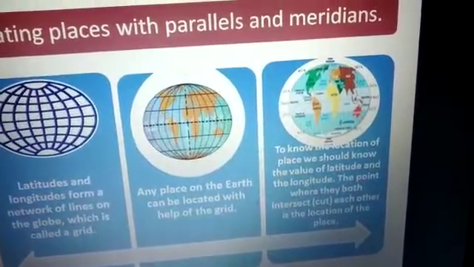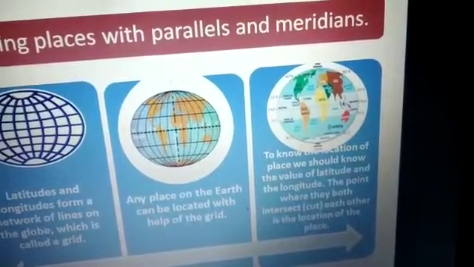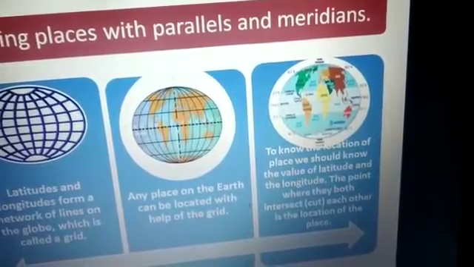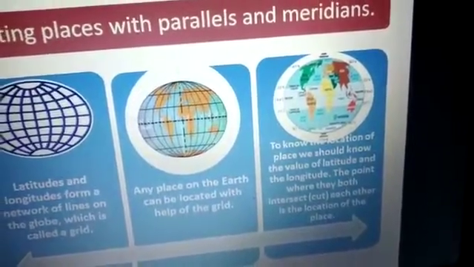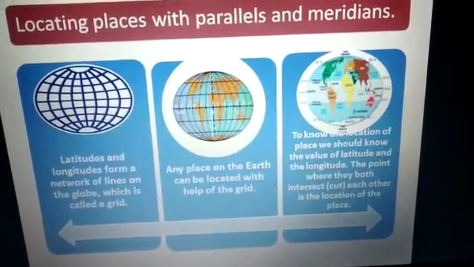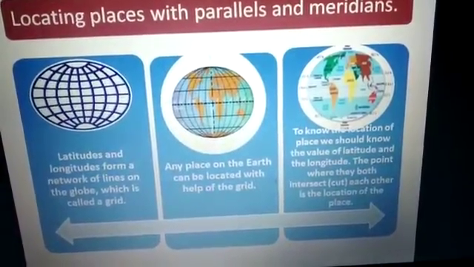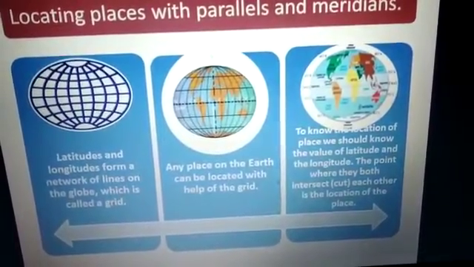To know the location of the place, we should know the value of latitude and longitude. The point where they both intersect, that means they cut each other, is the location of a place. So in this way, with the help of parallels and meridians, we can find the location of a place.